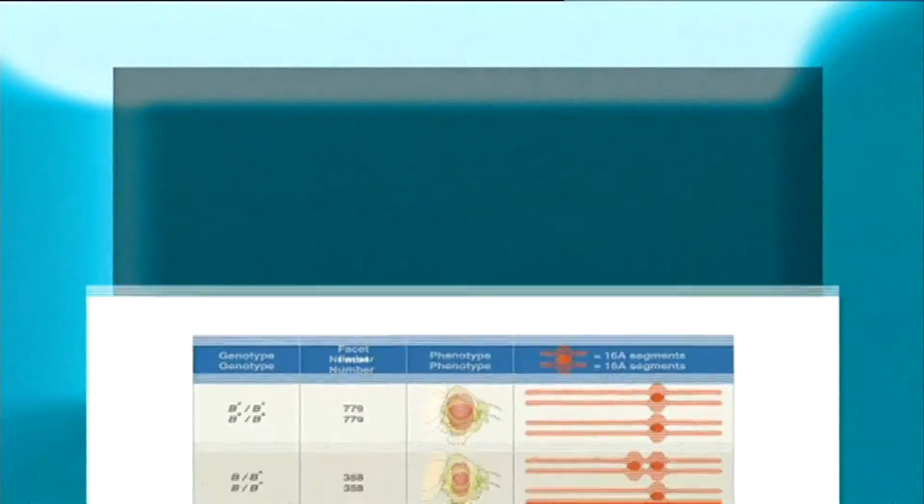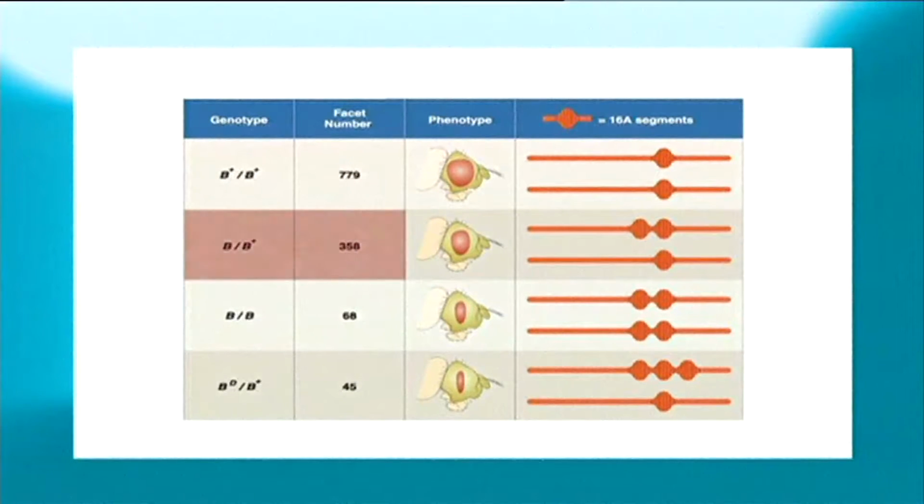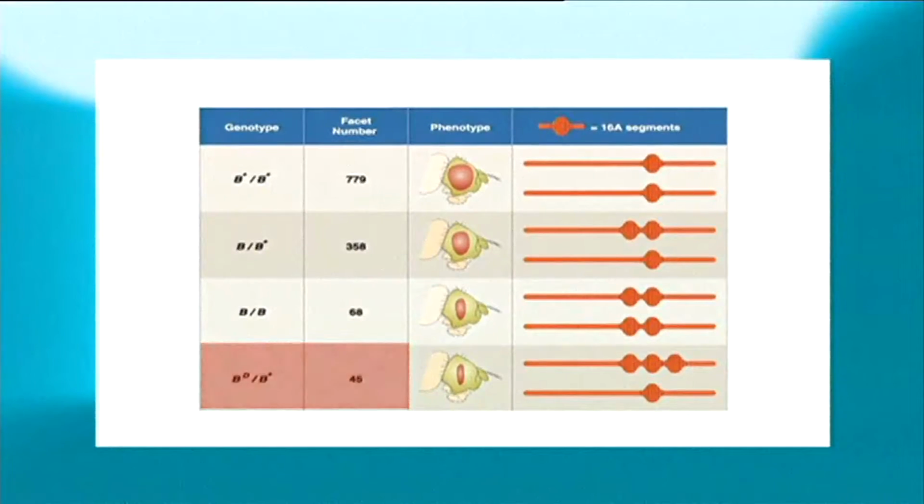These investigators illustrated that normal wild females have about 800 facets in each eye. Heterozygous females have about 350 facets, while homozygous females average only about 68 facets. Females are occasionally recovered with even fewer facets, that is 45, and are designated as double bar.